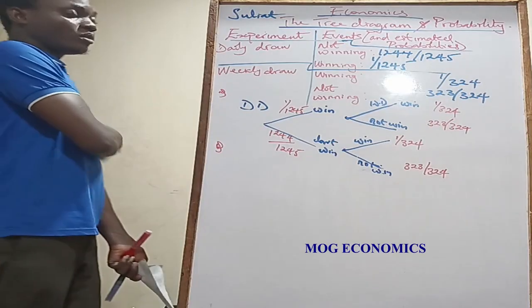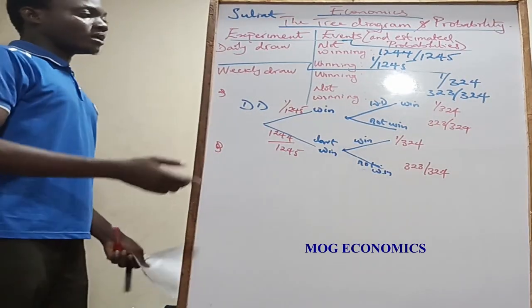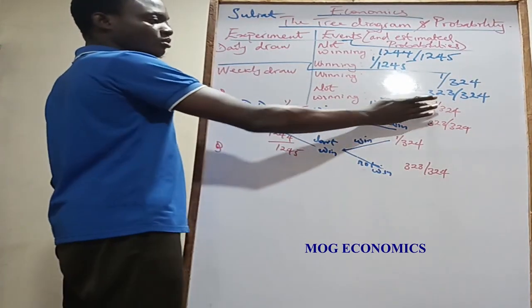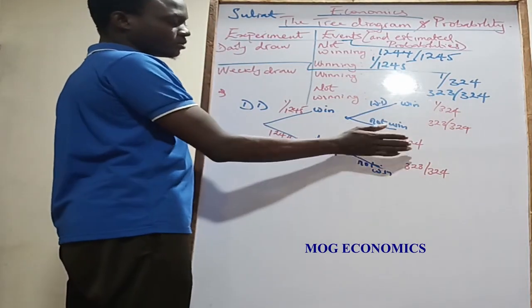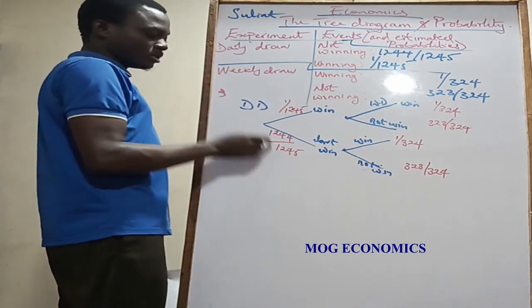Now, there are some things that you must know to be sure that the tree you've drawn is correct. This plus this must give you 1. That's a test. This plus this will give you 1. This plus this will give you 1. This plus this will give you 1.